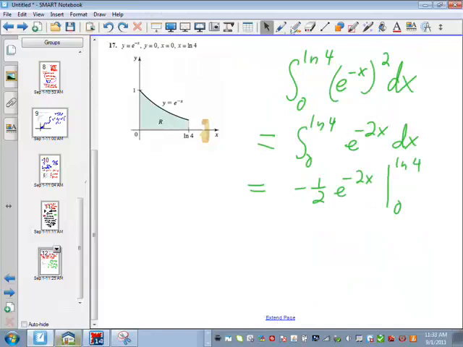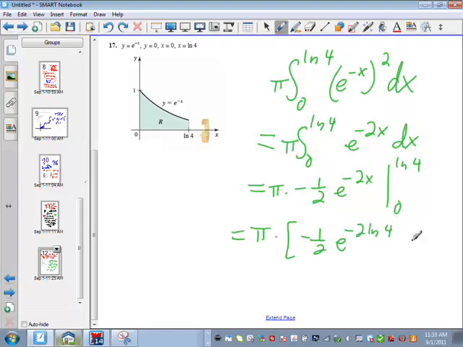Oh, what happened to my pi, right? Pi. That equals pi times, plug in the natural log of 4, minus 1/2 e to the minus 2 natural log of 4, minus 1/2 e to the 0.